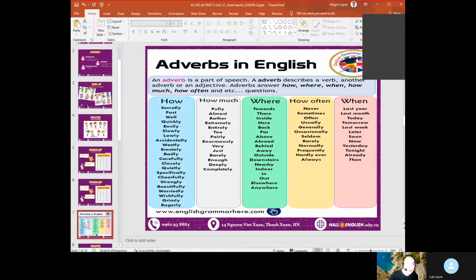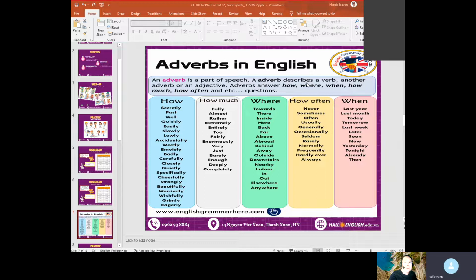Okay. Now, going back in here, what is an adverb, V? How are we going to use and identify adverbs in a sentence? Can you read the definition of an adverb, V? An adverb is a part of speech.